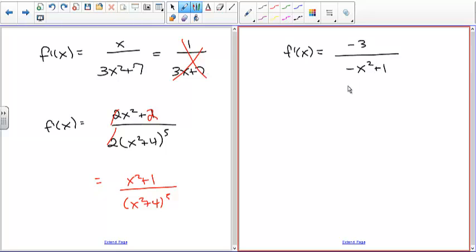Now in this case, what you might do is you would factor out a negative. So this plus 1 would become negative. And in that case, because I'm taking the negative of this entire denominator, then I can simplify it. So that you don't want to leave two negatives here, especially in this situation.